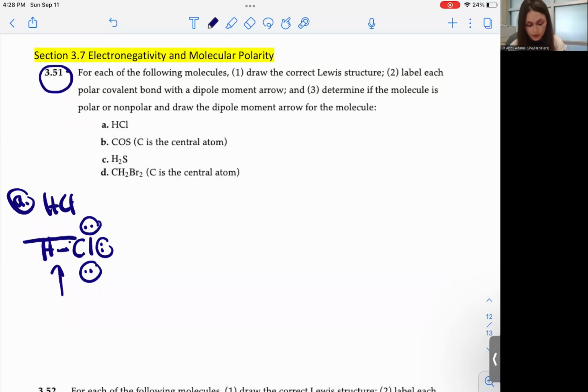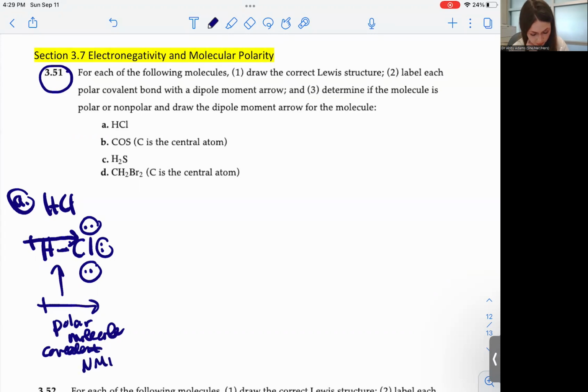So you're going to have this type of polarity. So you have a definite polar molecule here. And this is, of course, covalent. You've got a nonmetal and a nonmetal. All right. So B.